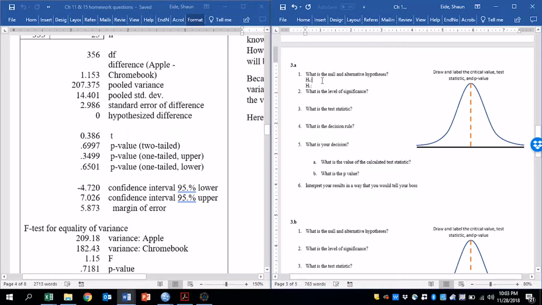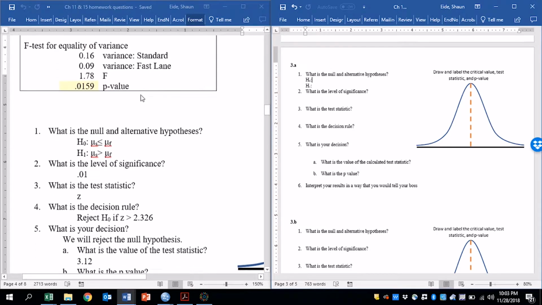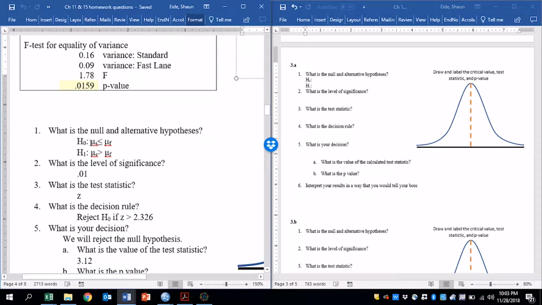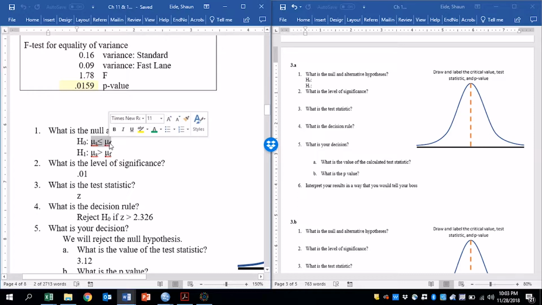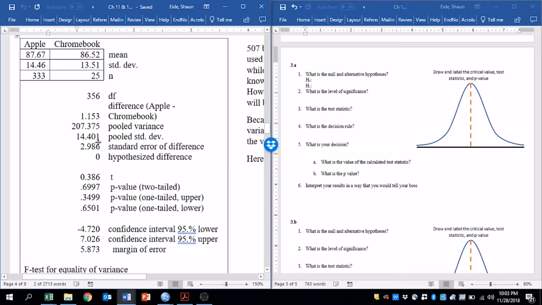So what is the null hypothesis? The null hypothesis, just like what we did here, we're going to do something very similar. But instead of using mu sub s, we're going to use mu sub a and mu sub c.